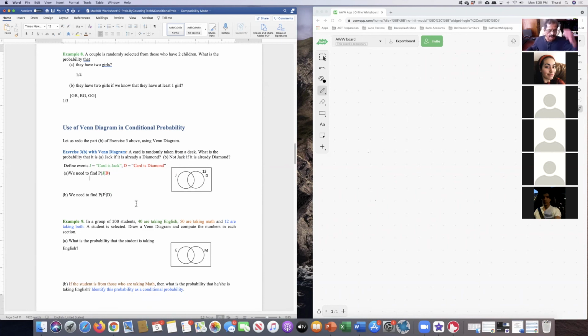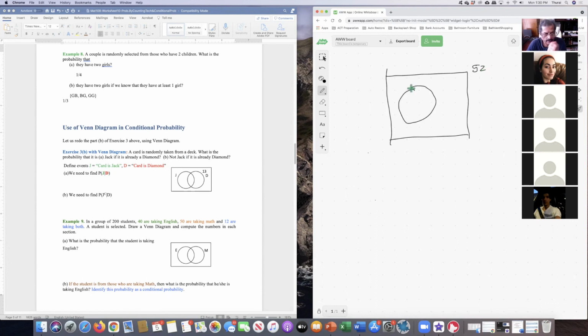The elements in the events, I'm drawing on the board now. The sample space, we are drawing only 1 card, and so the sample space has 52. And the event of Jack has 13 elements. I'm sorry, not 13, 4. And event of diamond has 13 elements.